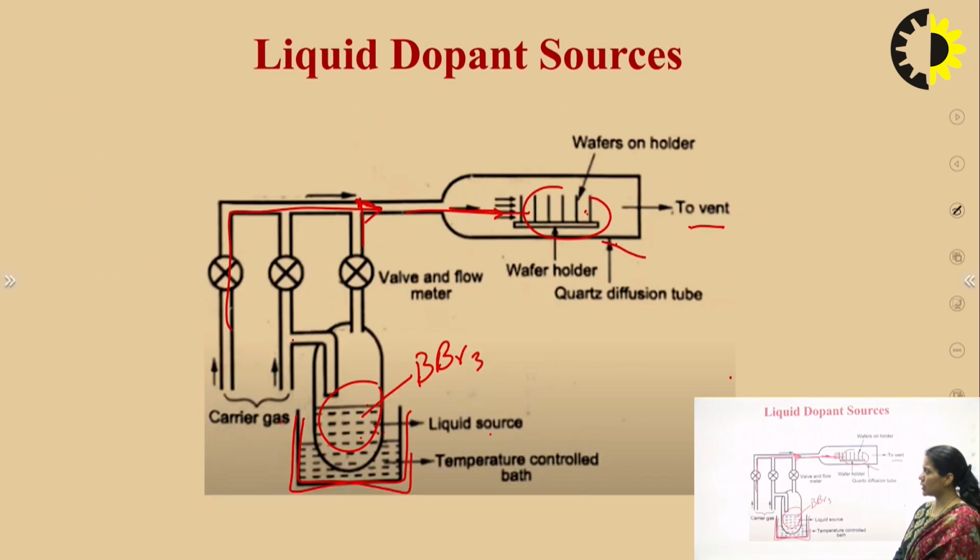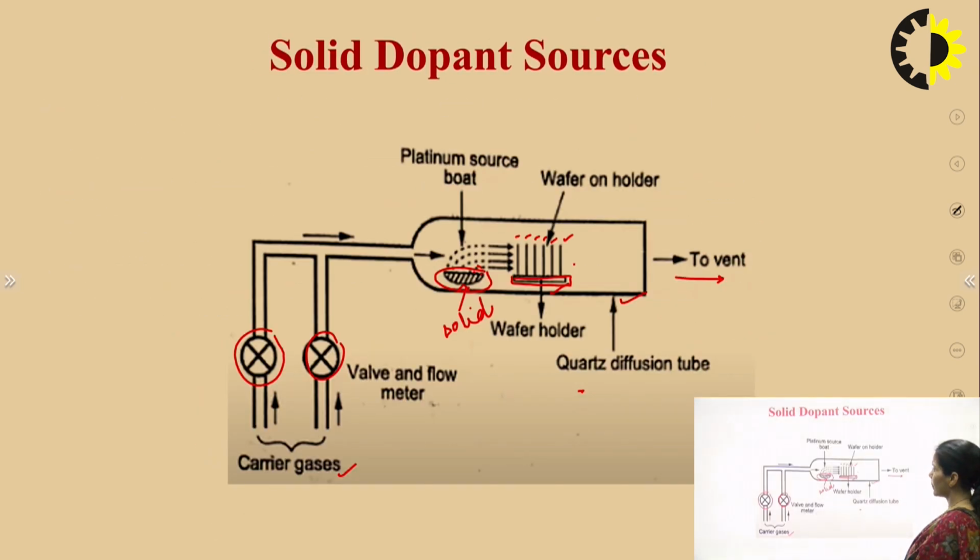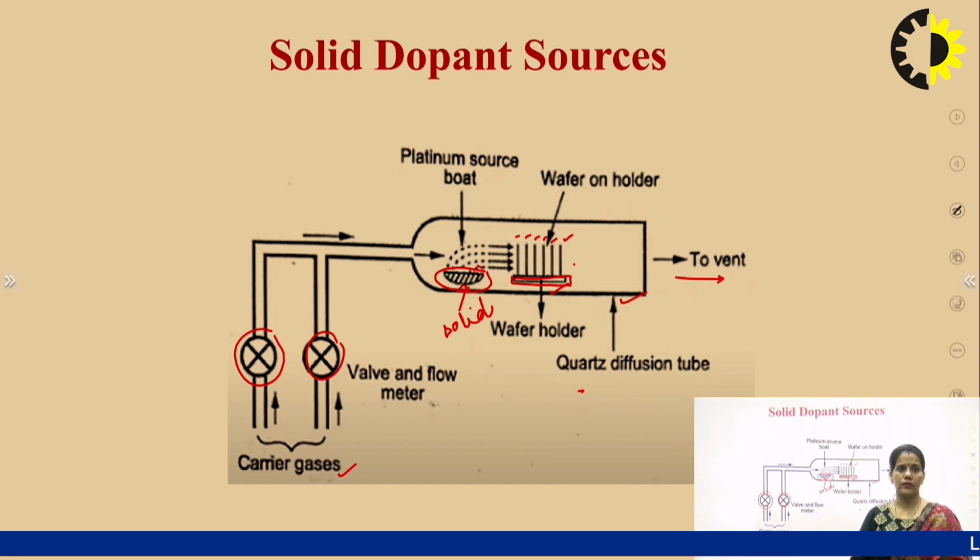So we can see this in all the three forms. This furnace tube is the basic arrangement. Inside this furnace tube there is also a holder which is carrying a number of wafers at a time.